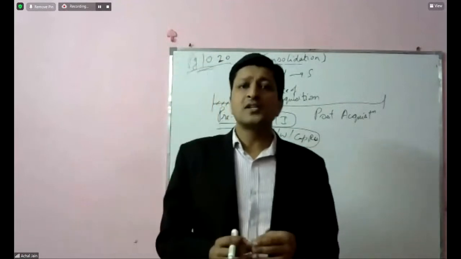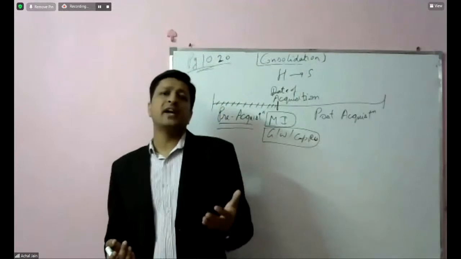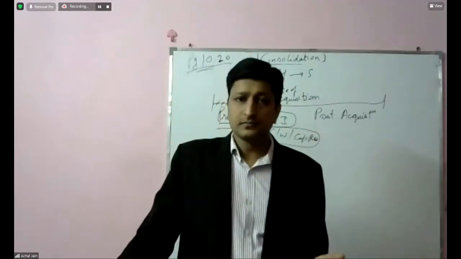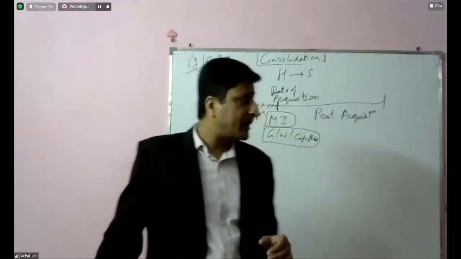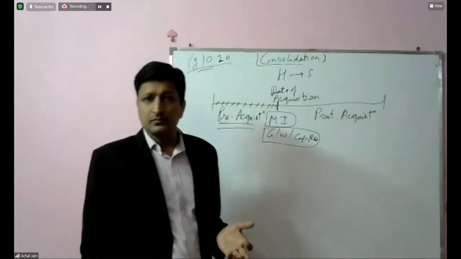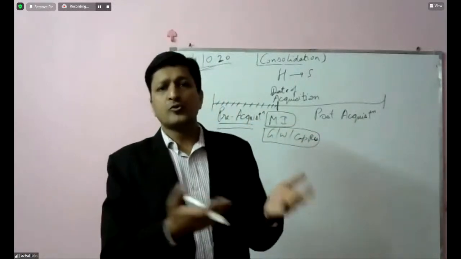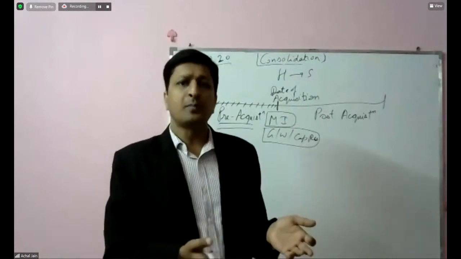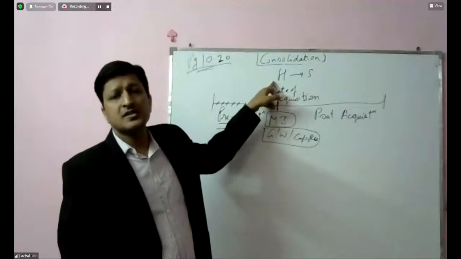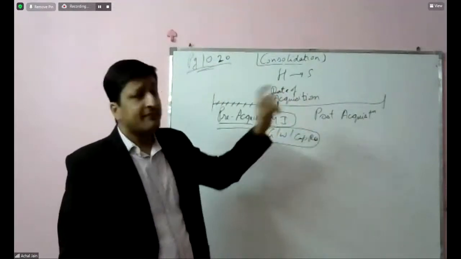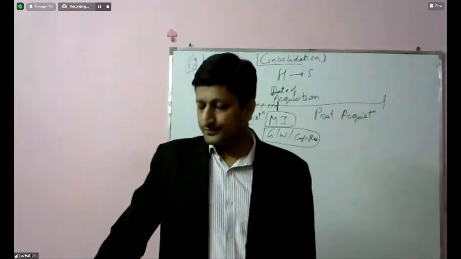H will record this dividend as if it's its income. Simple and easy to understand. How do you record dividend income? Simply, it goes to the P&L of the receiving company or the investor. Who is the investor here? H. So H will record this as income. But that will be recorded as income in case it is coming from post-acquisition profits.